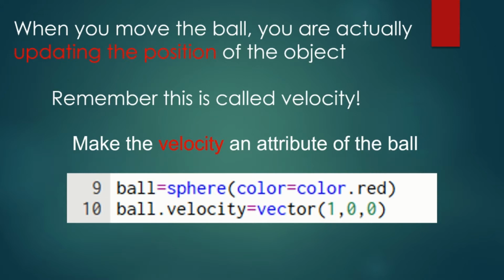We have x, y, z. So on line 10, we are saying that the ball, which is our red sphere, has a velocity that is equal to 1 in the x direction. We'll look at what that exactly means here in a second. So assign that attribute to your ball.